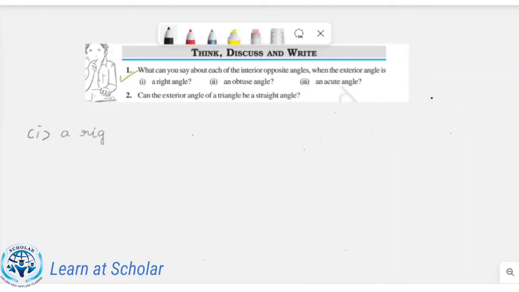Let's draw again. If the exterior angle is a right angle, what will happen? You can see in the figure, the exterior angle is 90 degrees. So the interior opposite angles are acute.